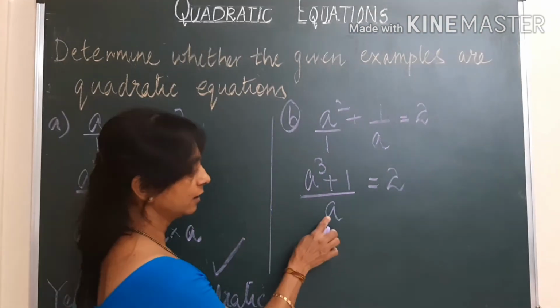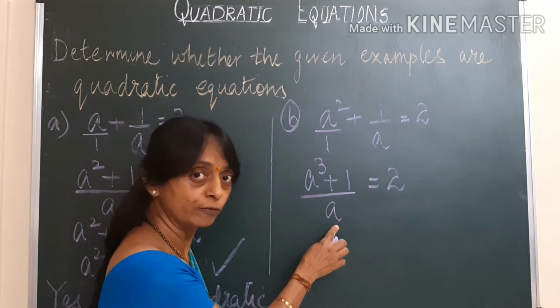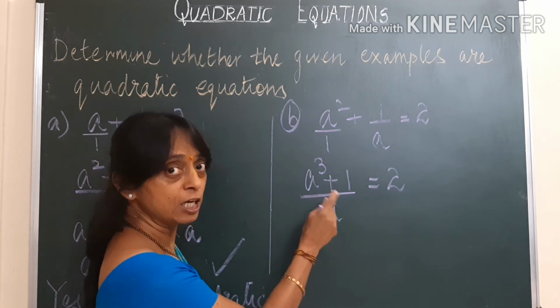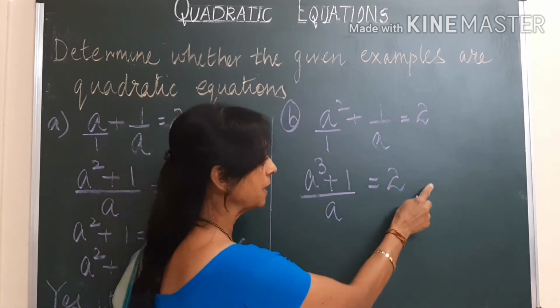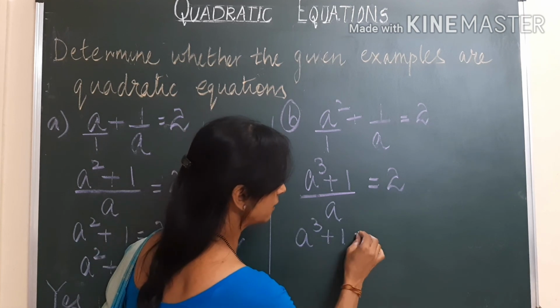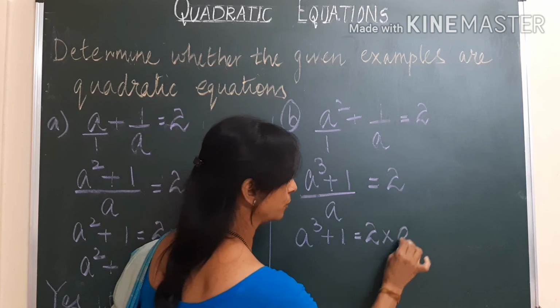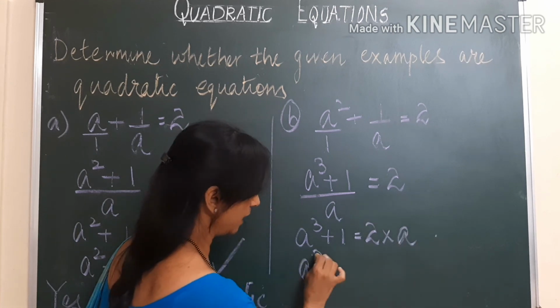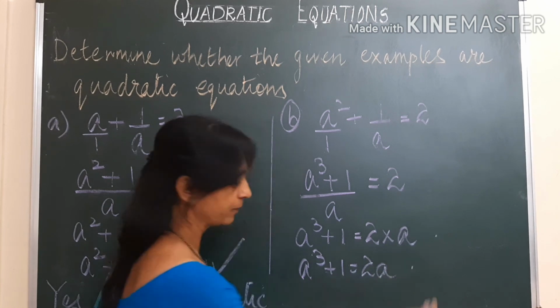Now children, a, which is in the denominator, performing the operation of division on the left hand side, should be transferred to your right hand side. So division becomes multiplication. So you have a cubed plus 1, which is equal to 2 into a. So a cubed plus 1, which is equal to 2a.